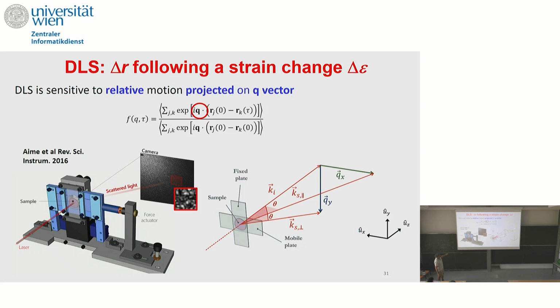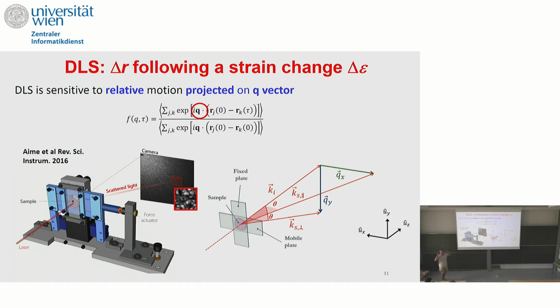Now if you think a second about the geometry of this setup, if you look down here, you will be probing a Q vector which is oriented vertically, that is along the y-axis, perpendicular to the direction of the imposed shear. If you look on a spot here, which is horizontally displaced with respect to the transmitted beam position, then you will be looking at scattering at a Q vector which is oriented along the x-axis, that is along the direction of shear.